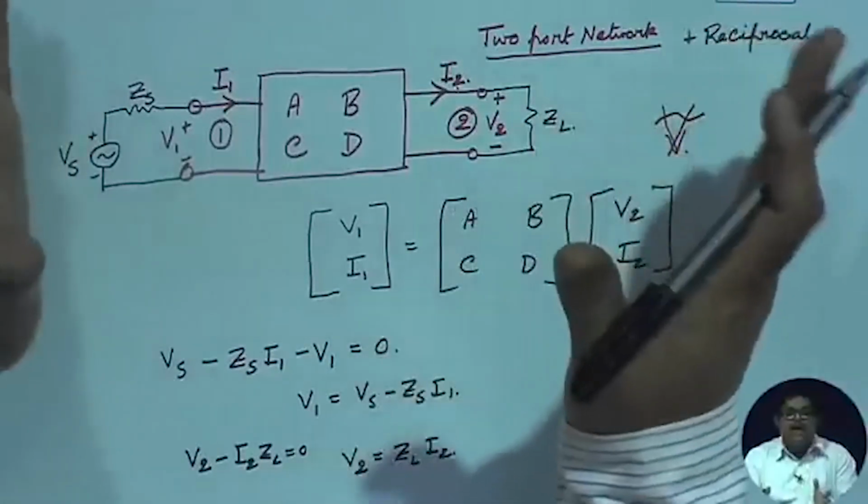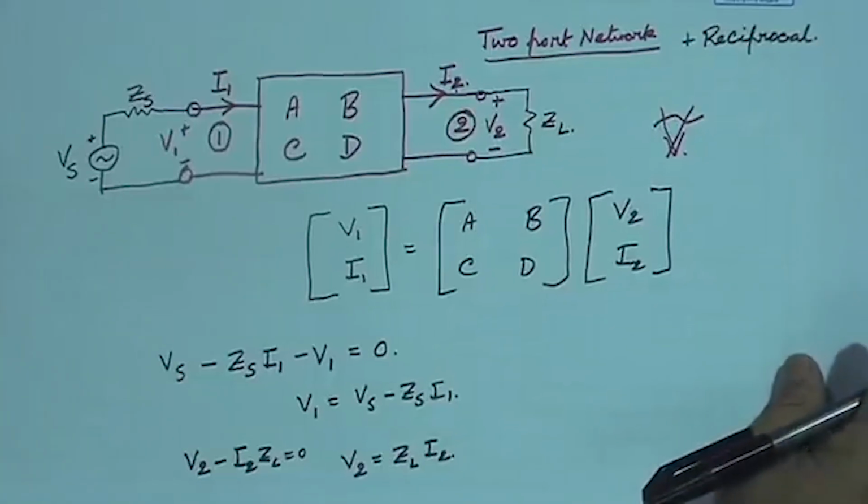If I have a multi-port network, at one port I give some excitation, and at some other port I find the response, with the network remaining unchanged. If I just exchange the excitation and the response port, and see the response at the original excitation port, I will get the same response. That is called reciprocity, all of you know.